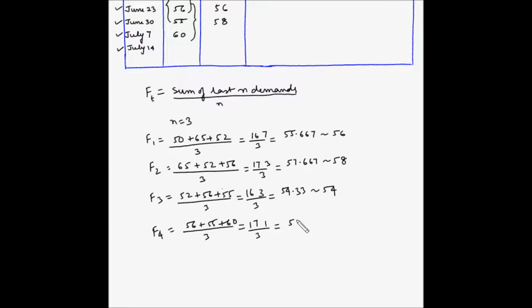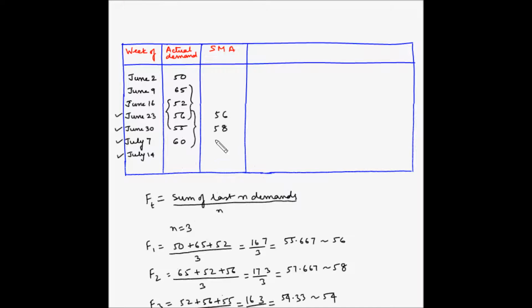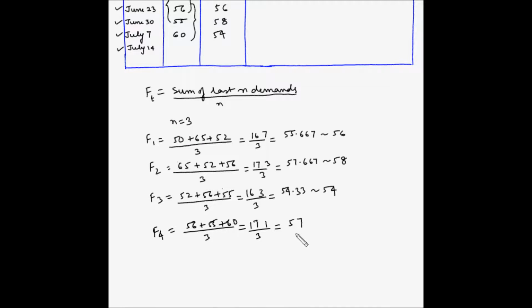So this is equal to 57. So for July 7th, the forecast was 54, and for July 14th, the forecast is 57.